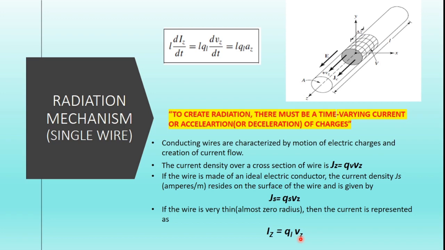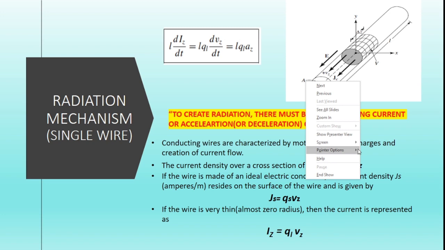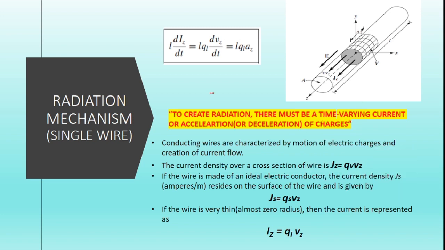Vz, as we saw earlier, is the velocity in the Z direction, since the wire is placed in the Z direction, and QL represents the charge per unit length. Since we assumed zero radius, there is no more concept of area; we talk only of the length L of the wire. The charge through the length L is QL, and Vz represents the velocity with which the current is flowing through this particular wire, and that is given by the current Iz.